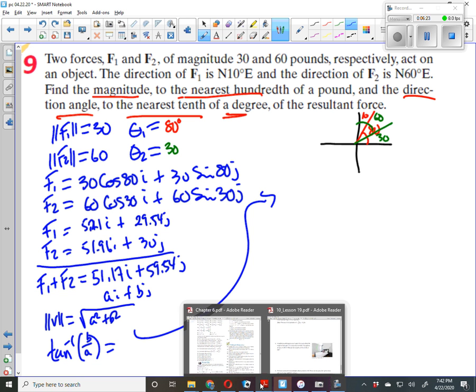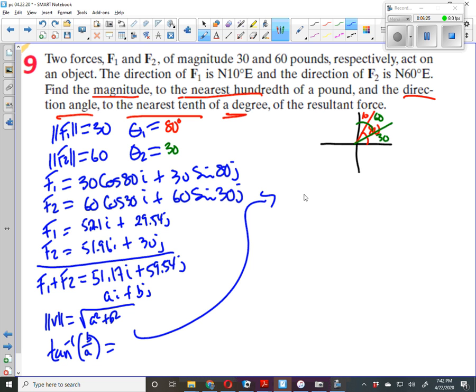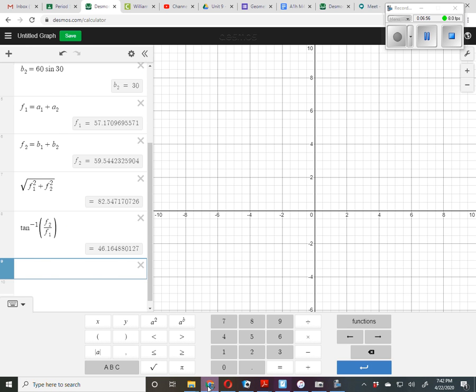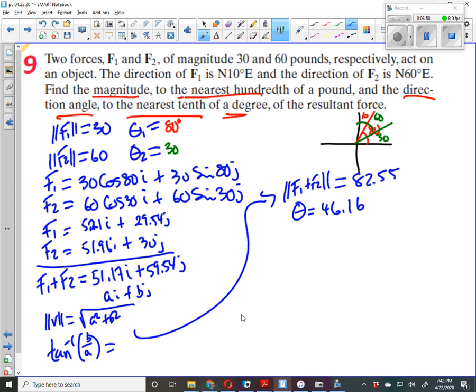Let's go back here and let's write those down. Magnitude of F1 plus F2 is equal to 82.55 with an angle of 46.16.